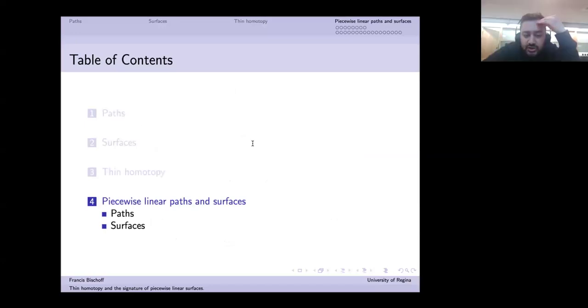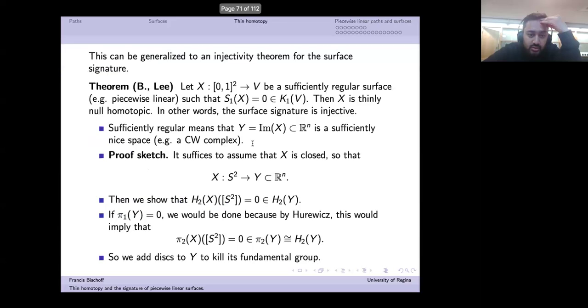And the signature itself, should I think that it tells you information that pi2 has that the homology does not in general, or is that too vague? Is that not accurate? The surface signature in general.